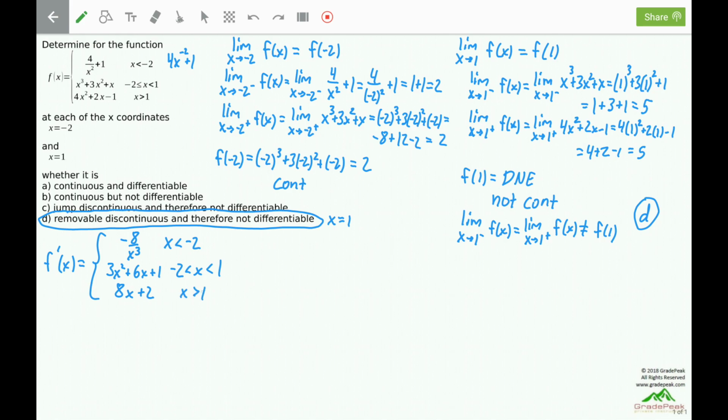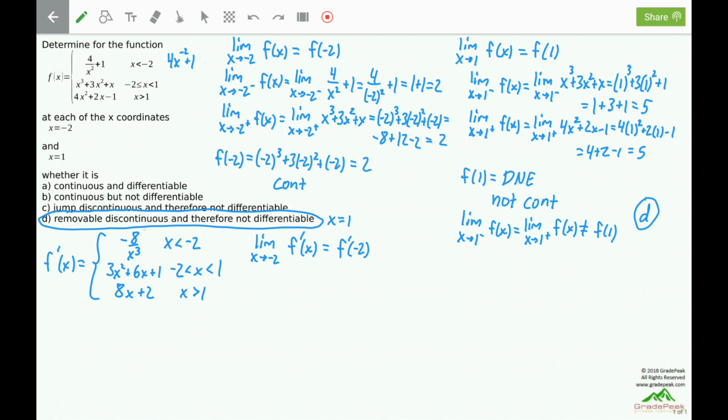We're now going to look at the differentiability, which is only possible at -2. We know it's not possible at 1 since 1 wasn't continuous. So we will just look at the differentiability or the continuity of the derivative at the x-coordinate of -2. And just like the continuity, you have the two-sided limit as x approaches -2 from both sides of f prime of x has to equal f prime of -2.